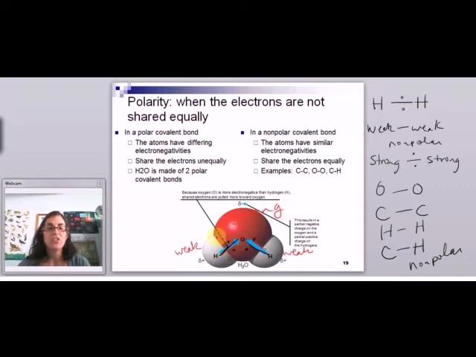Oxygen to hydrogen is a classic polar covalent bond. So is nitrogen to hydrogen. Both oxygen and nitrogen are electron bullies, is how I always say it. They're very strong. They will pull electrons towards themselves. The guideline in biology is whenever you see oxygen and nitrogen, you're probably looking at a polar covalent bond, unless, like I said earlier, they're bonded to the same thing.